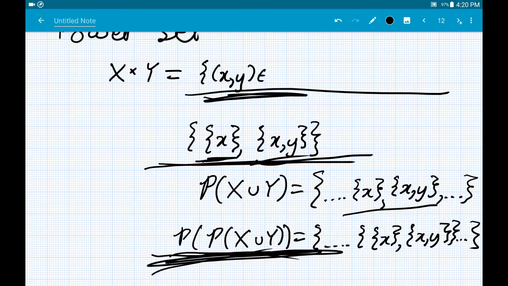So we don't want all of these things, but we do want to select from them. Namely, we want only those where the left coordinate is in x and the right coordinate is in y.